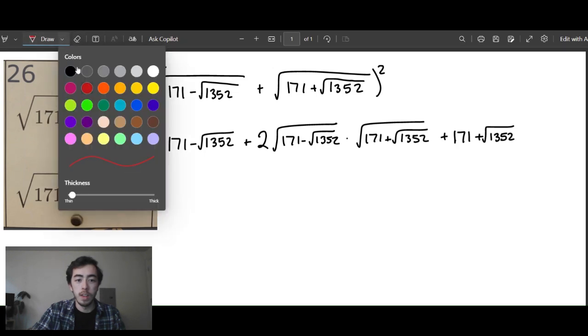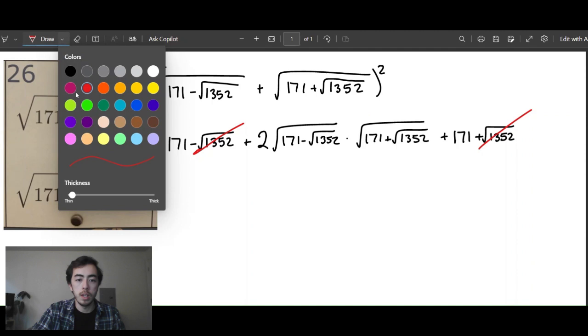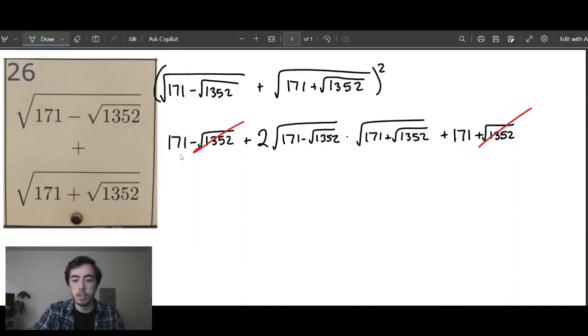I noticed that this minus root 1,352 and this plus will cancel out. And then let's collect our like terms and do 171 plus 171. That's going to be 342.